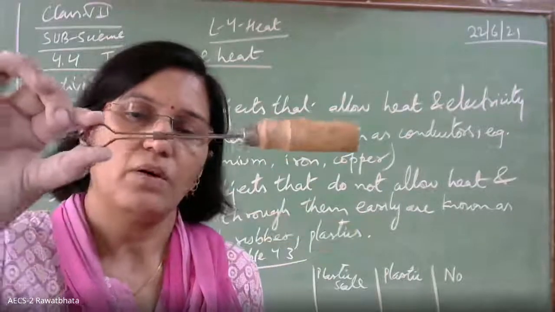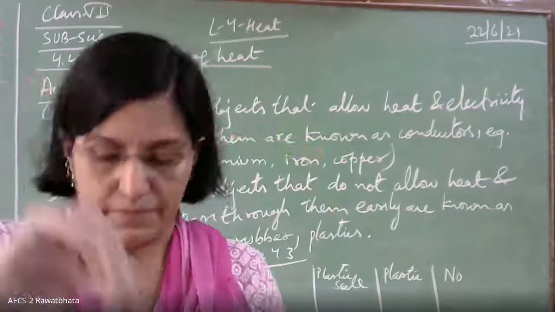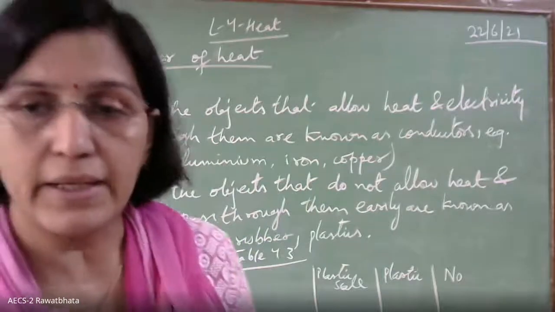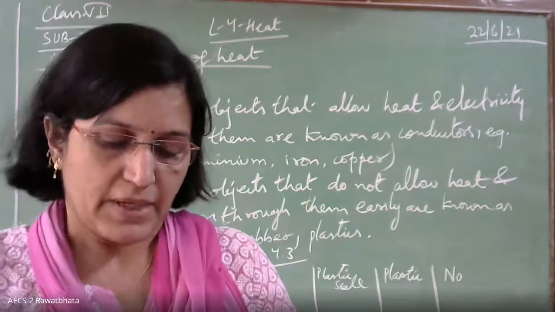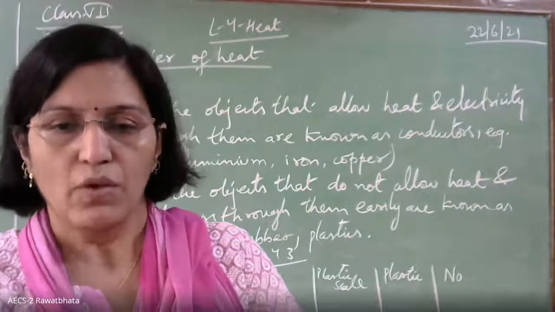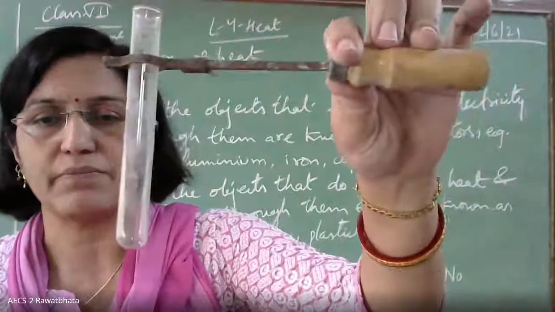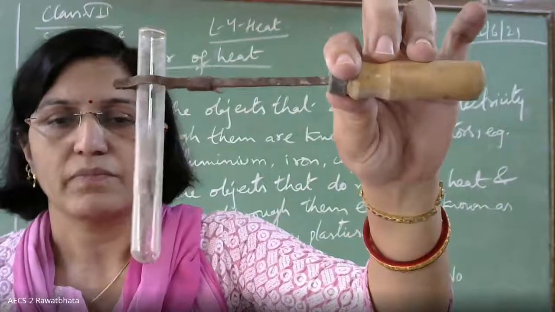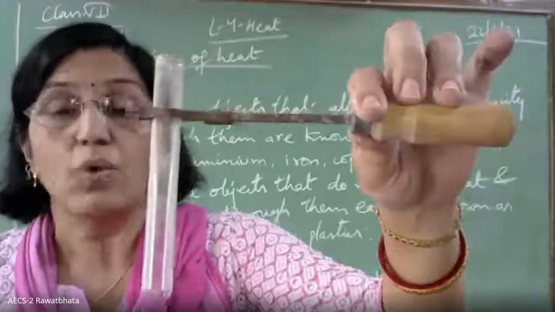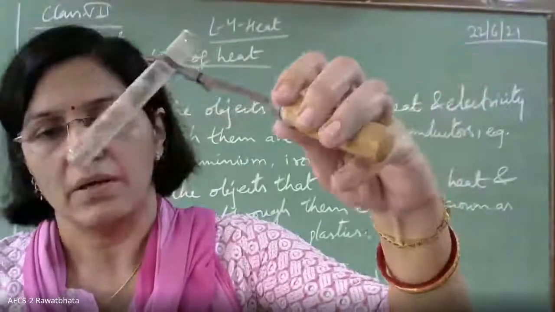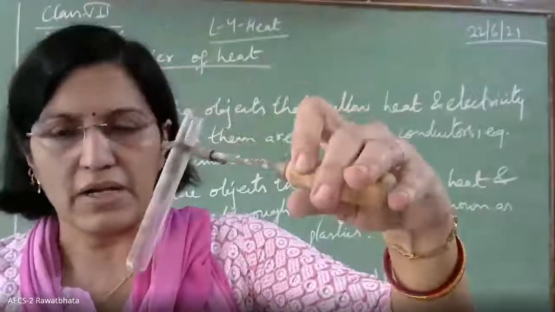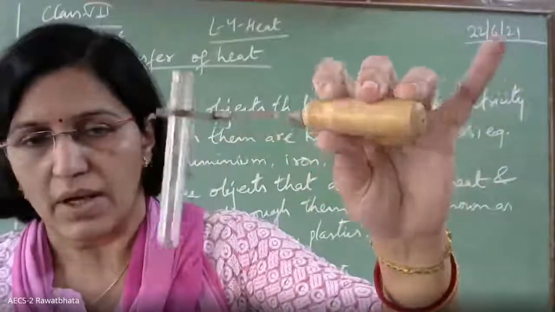This, we call it a test tube holder. While conducting a test in the lab, we hold the test tube like this, with the help of it. You need not write if you don't want, it's okay. It has two parts.